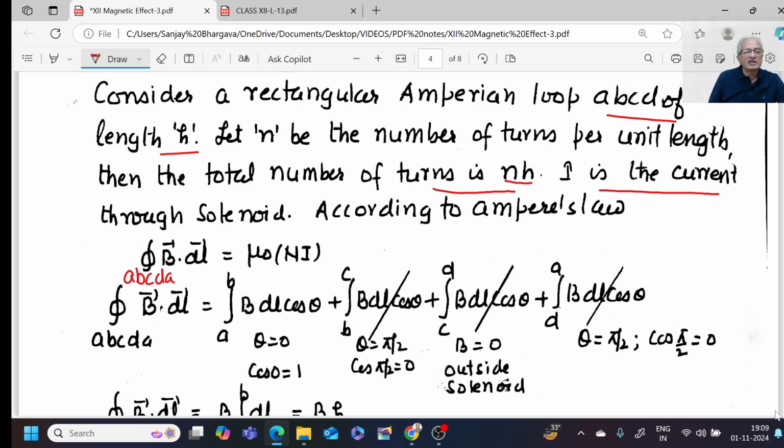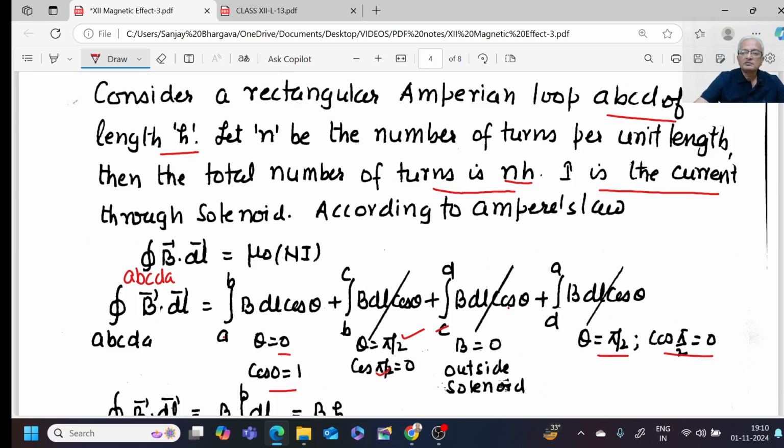Now integration B dot dl along ABCDA is equal to integration from A to B, B to C, C to D and D to A. And when it says B dot dl A to B, theta is 0, so cos 0 is 1. From B to C, theta is 90, cos 90 would be 0. Here theta is 0 in DC, and therefore because it lies outside the solenoid, and from D to A, theta is equal to 90, cos 90 would be 0.